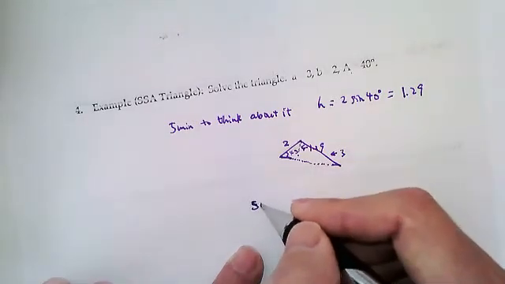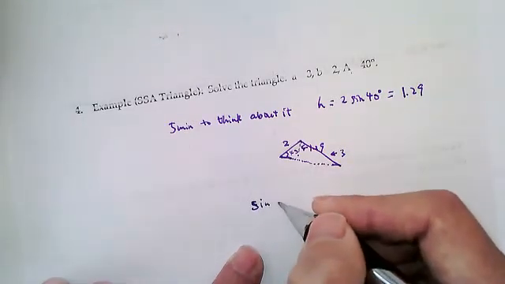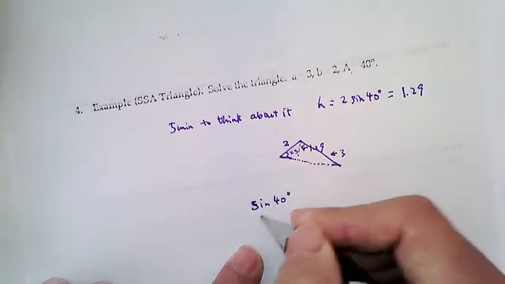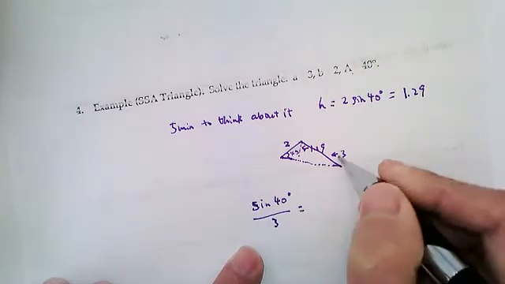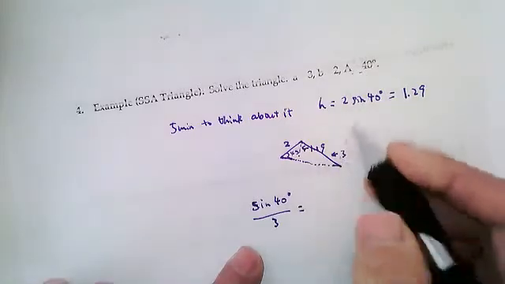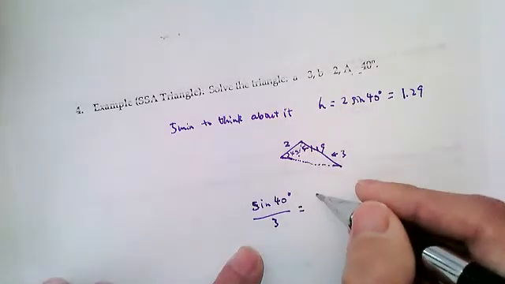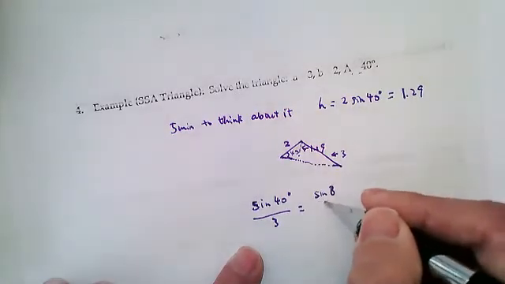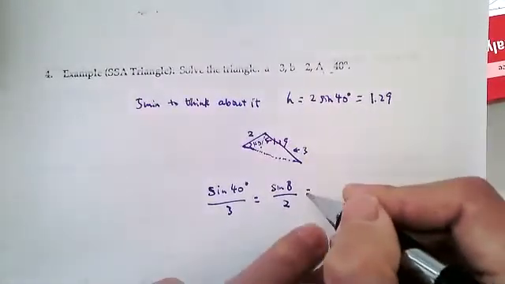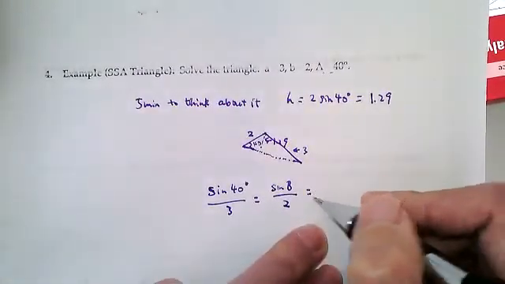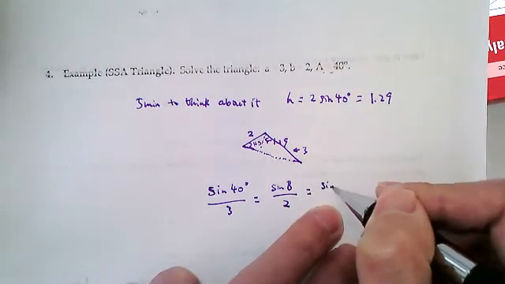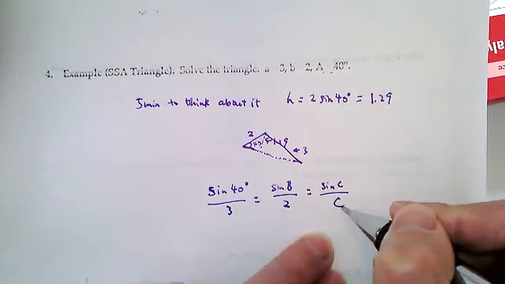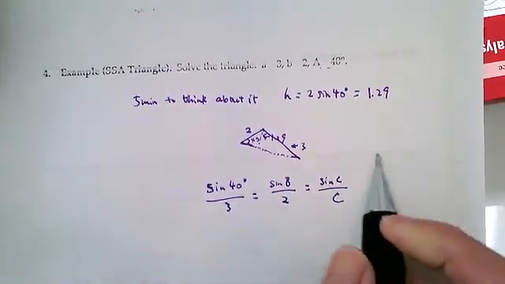So sine 40 over 3, this is sine A over A, equals sine B over 2, equals, we don't know sine C yet, sine C over C. So let's figure this out.